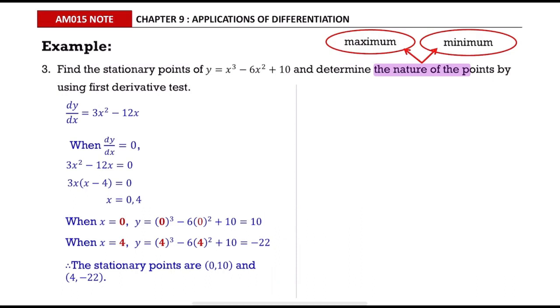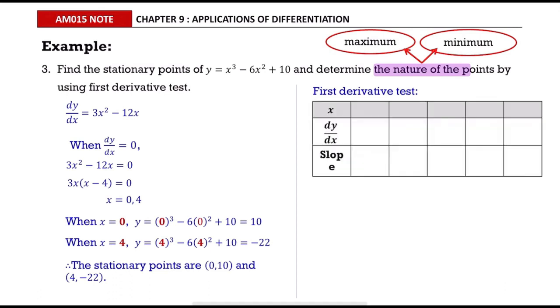We use the first derivative test to determine the nature. This time, create a table with 3 rows and 6 columns because there are 2 critical numbers. Then fill the critical numbers alternately with the empty columns, where their value of dy/dx is 0.